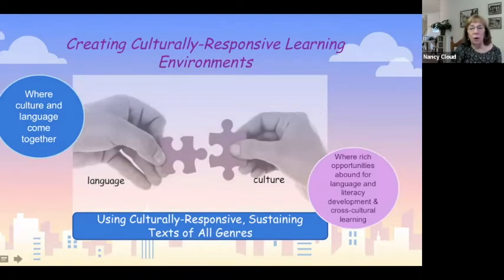We could never get enough of that to happen in a dual language program. And the reason we love it so much is because in those books that are culturally responsive, it's where language and culture come together. It's where rich opportunities exist for language and literacy development, but also for cross-cultural learning.